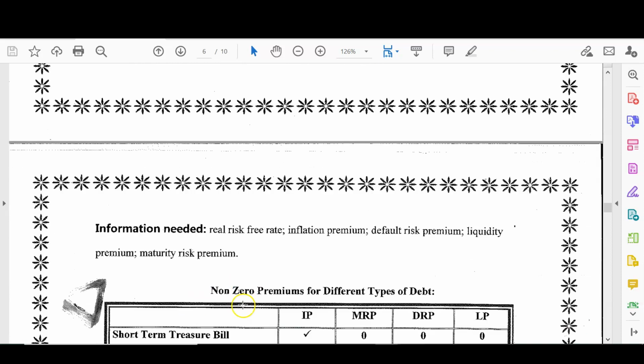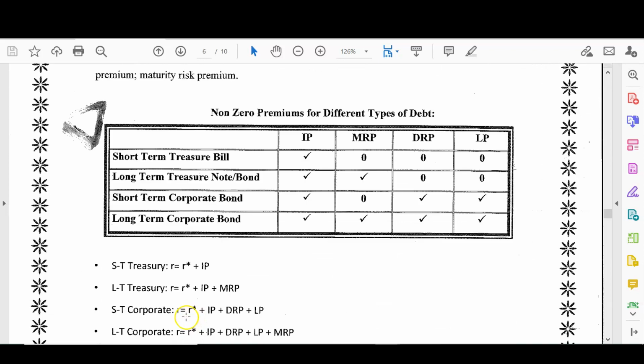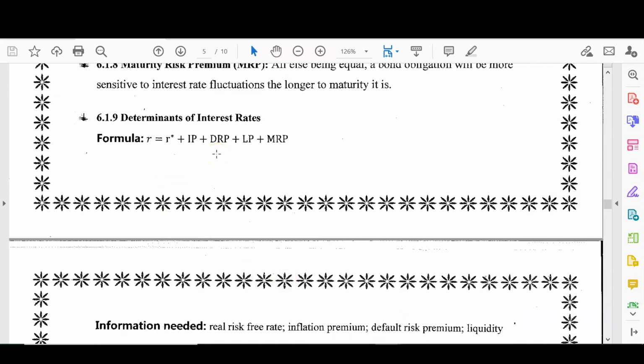So we're saying here that the interest rate is the real risk-free rate R star, plus IP, inflation premium, plus DRP, default risk premium, plus LP, liquidity premium, plus MRP, maturity risk premium. So we have this comprehensive formula for calculating interest rates for different bonds.